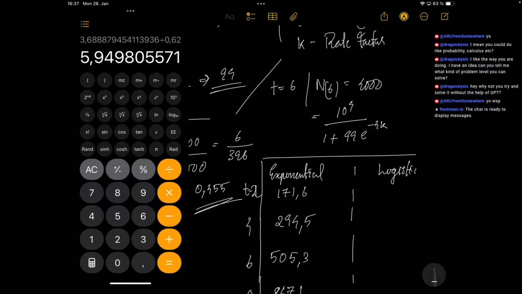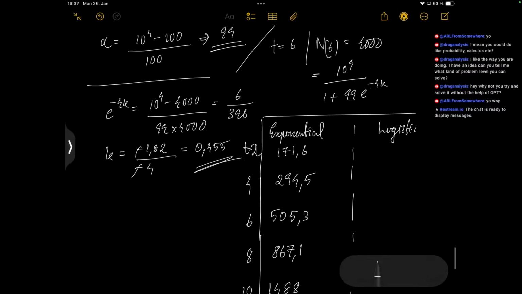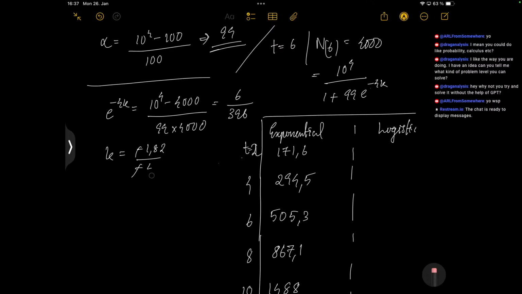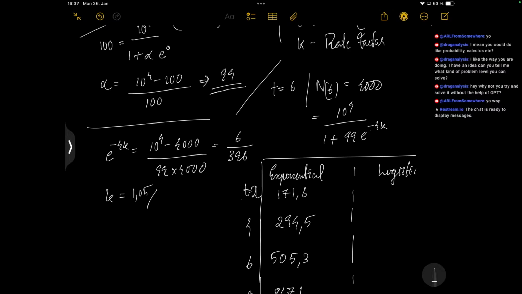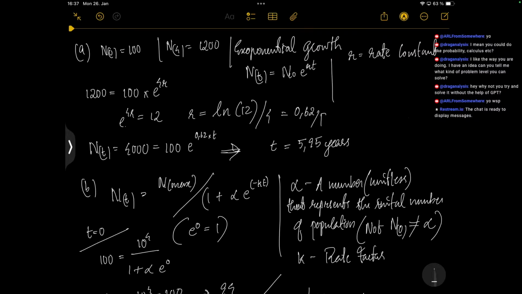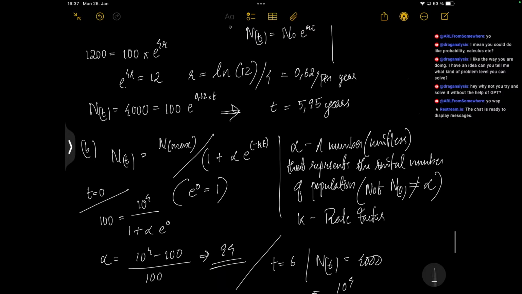6 divided by 1.05. Is that per year? Dude, the difference is massive.